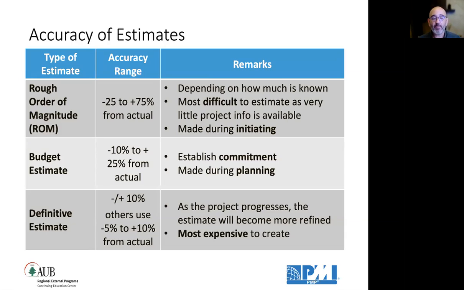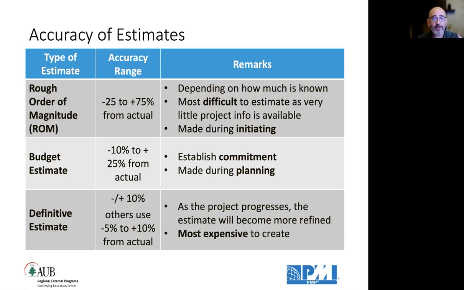Usually it's between -25% to +75% from actual. Meaning if you were asked by a client and you are still in initiating, yet you did not do any detailed planning, you have to say this project will cost $1 million, -25% to +75%, because we have all the uncertainties. We did not yet develop the budget.